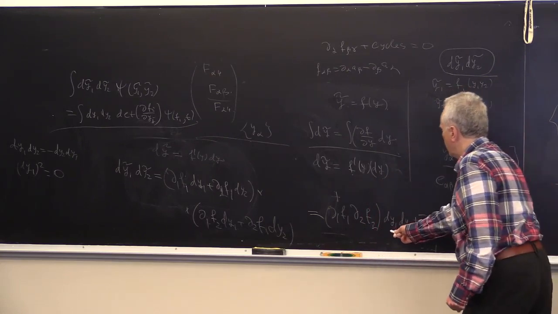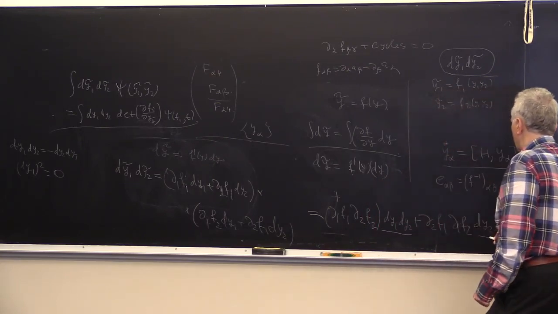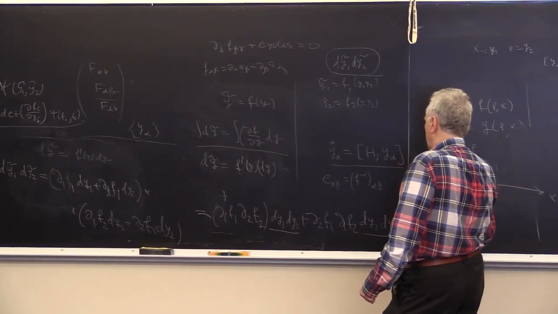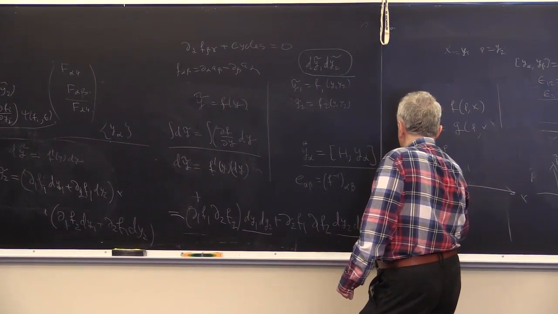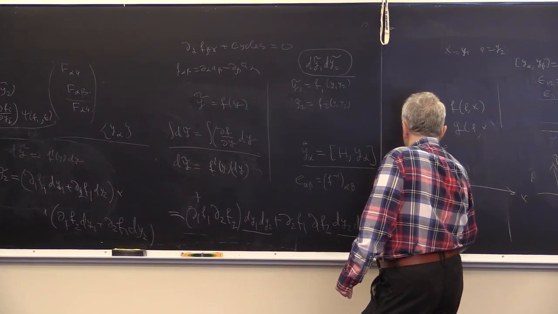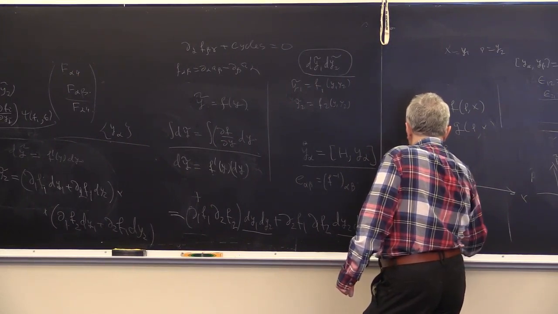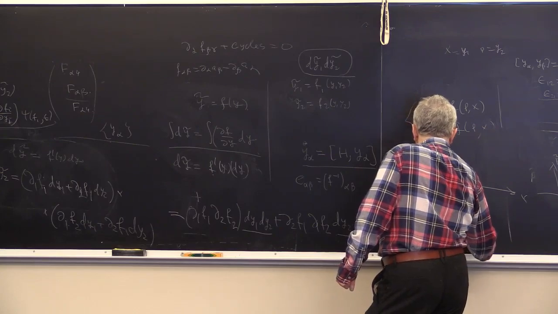And when you take into account that this is equal to minus this, it's equal to the determinant of di fj times dy1 dy2.